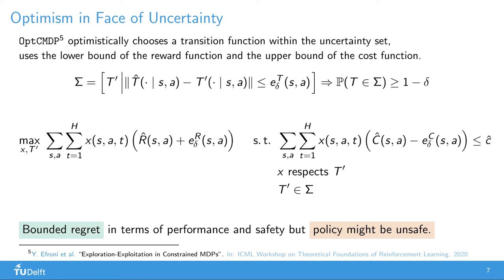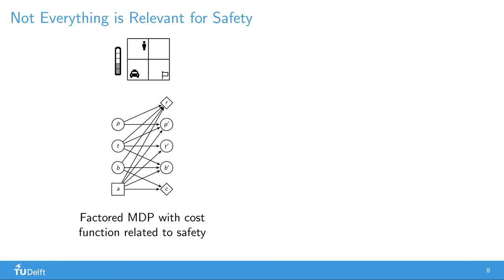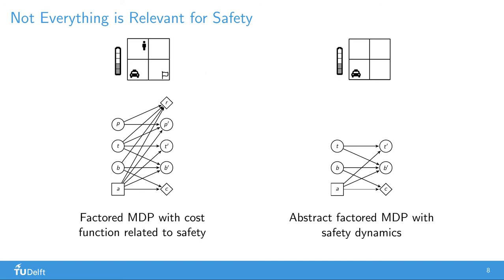So, how can we compute a policy that is guaranteed to be safe? Returning to our taxi environment, we may notice that not everything is relevant for safety. Consider, for instance, the position of the passenger. This information does not influence the position of the taxi or the amount of battery we have left. Therefore, when we are reasoning about the safety dynamics of this environment, we can ignore the position of the passenger.